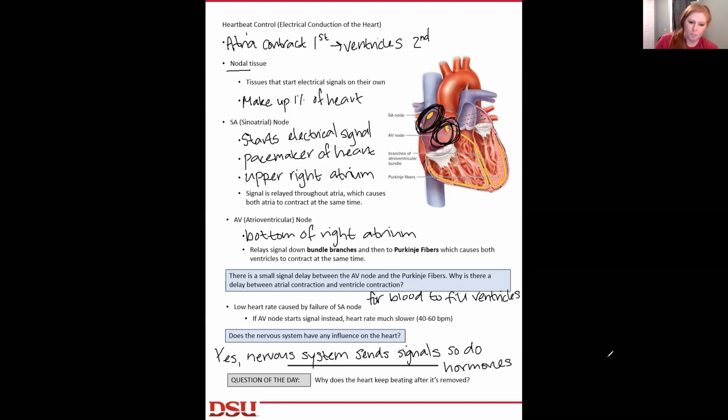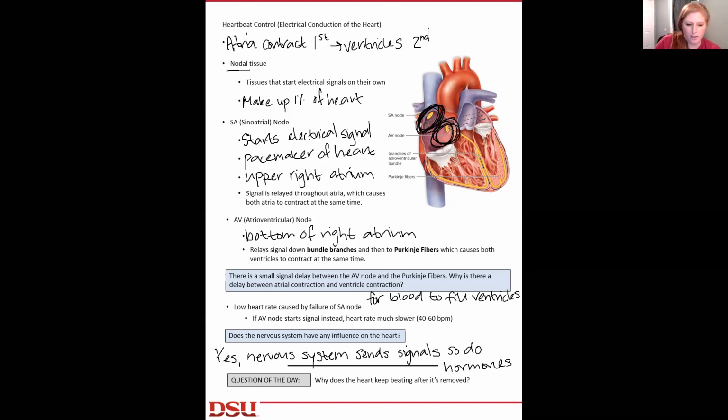So the nervous system will send signals, and the endocrine system also with hormones, and hormones can work on more than one system at a time to generate the different responses in the body.